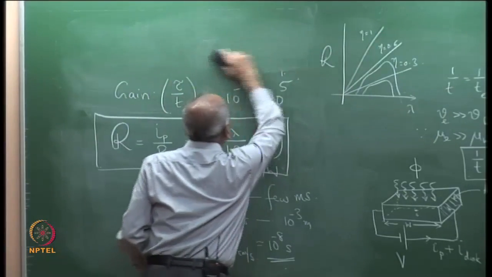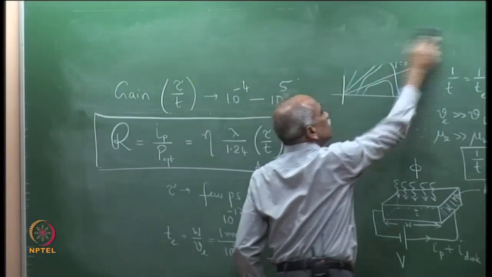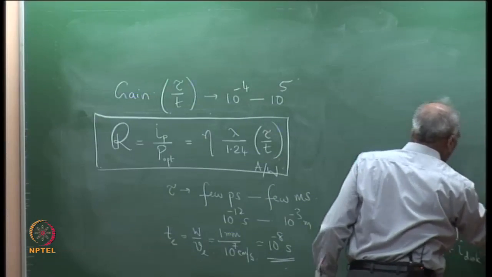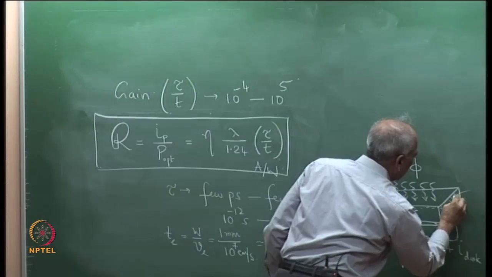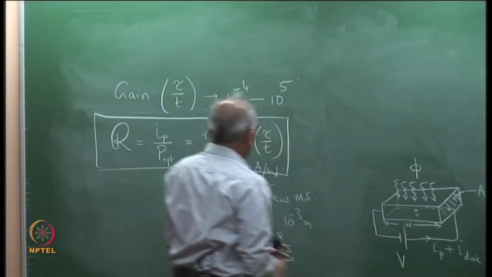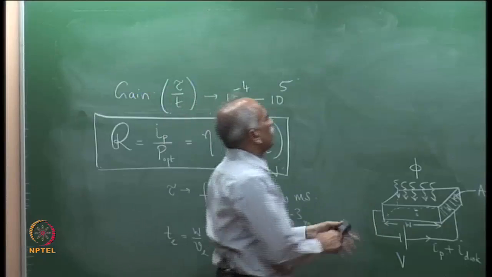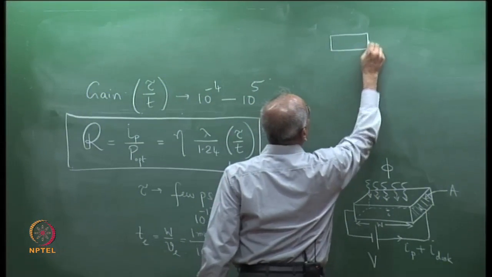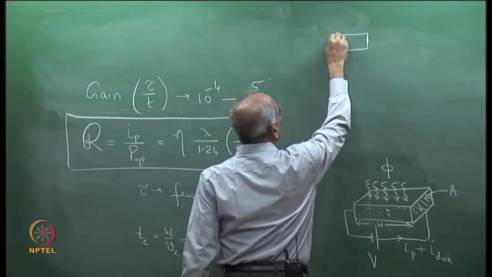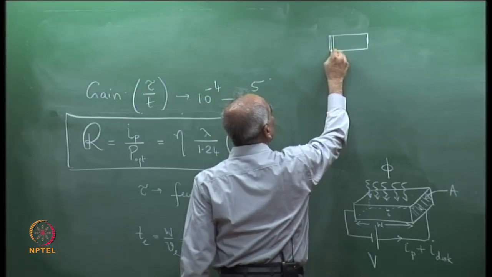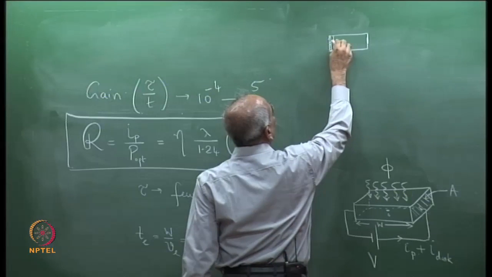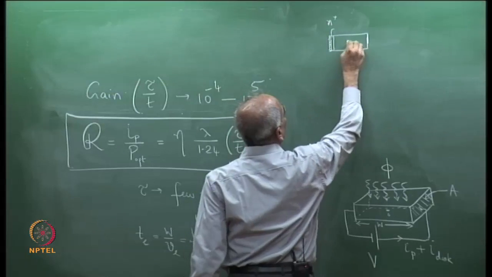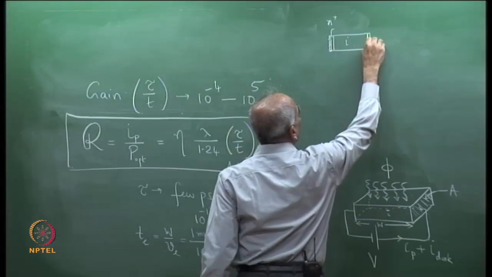Now, how does this gain come? Let us briefly discuss the physical origin of this. Where is the gain coming from? Typically, the photoconductor is like this. They normally use a metal contact here, and therefore, for ohmic contact you normally use N plus here and then an intrinsic medium and N plus.